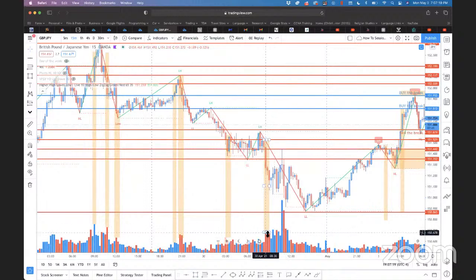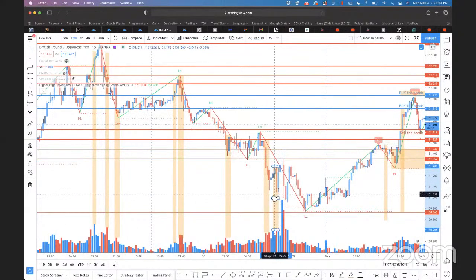We make a high on the volume right here. Over here, though, confirms the slowing down of price. We get a wick, we get a spike in volume, we break the volume high from before, and the price stops moving down.